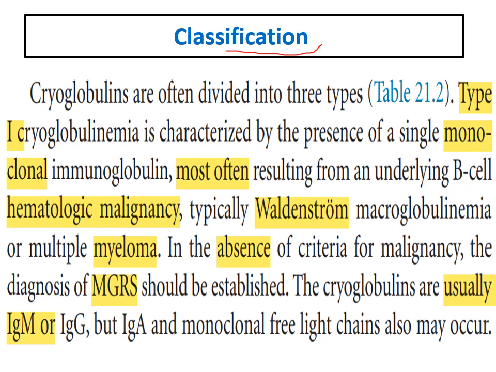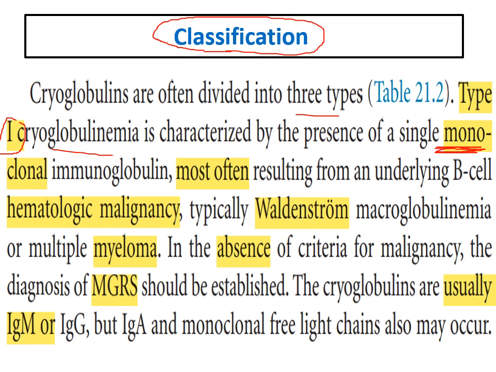What about the classification? Cryoglobulins are classified into three types: type 1, type 2, and type 3. Type 1 cryoglobulinemia is characterized by monoclonal immunoglobulins. This is very important.